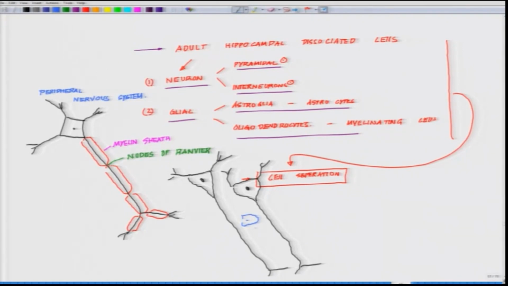A multipolar cell body is very small. I am drawing it very big. Multipolar cell bodies will be arranged like this. I am just taking the example of 2 cells to show you, but this could be way more complex.